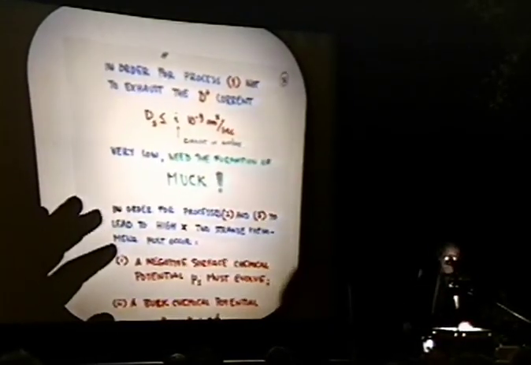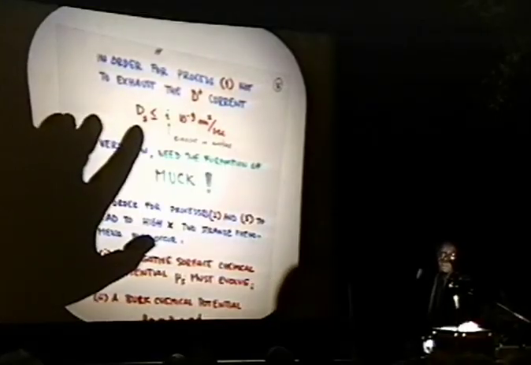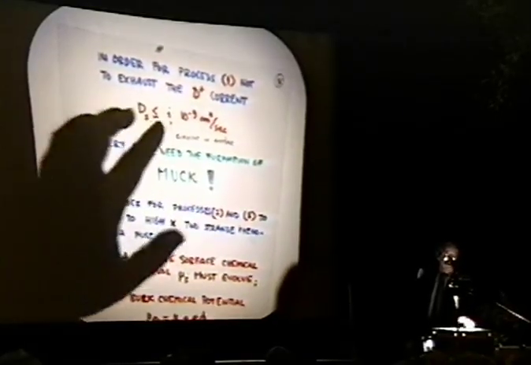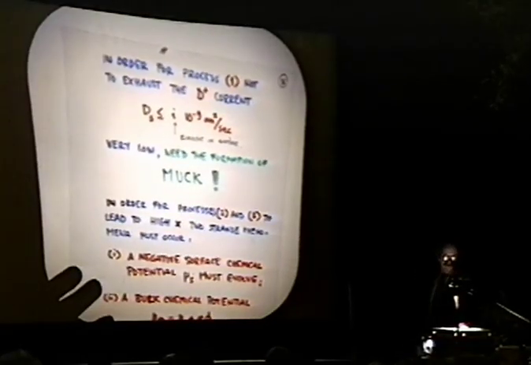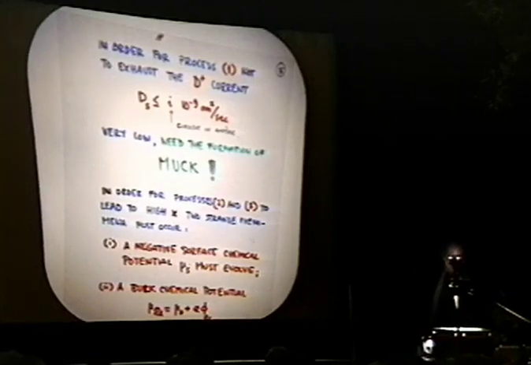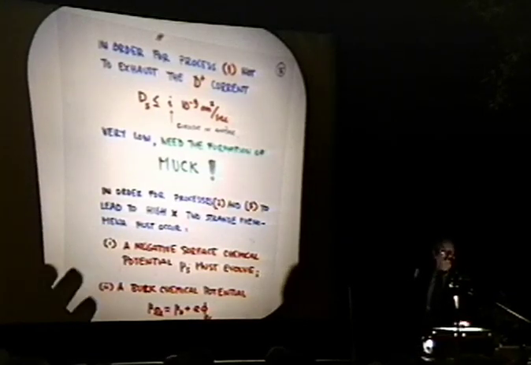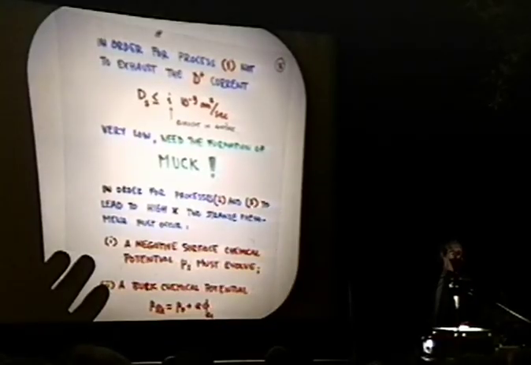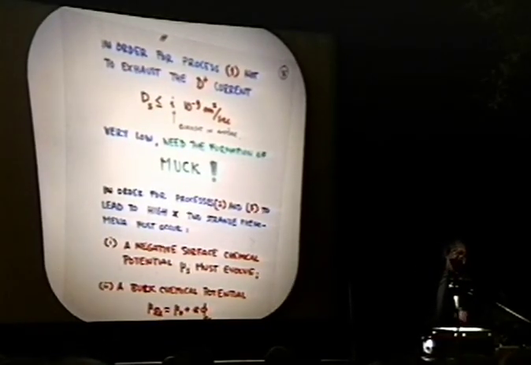Now, as I told you, in order for process 1 not to exhaust the D plus flux, which is coming, it is necessary that the surface diffusion coefficient, the S, be something very slow. I mean, this is just an estimate in terms of the current here. And this tells you that you need to form some kind of barrier at the surface in order not to let the D pluses diffuse too rapidly and therefore combine rapidly.